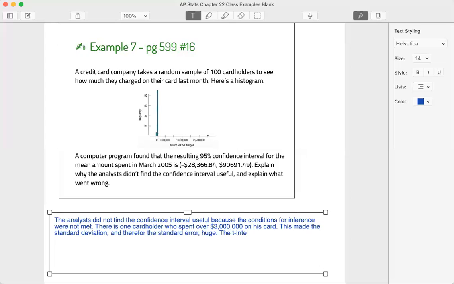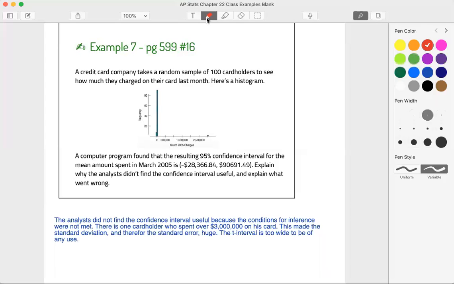The t-interval is too wide to be of any use. Remember, one of the conditions for inference we always have to check is the histogram. It must be nearly normal. And this is clearly not nearly normal.